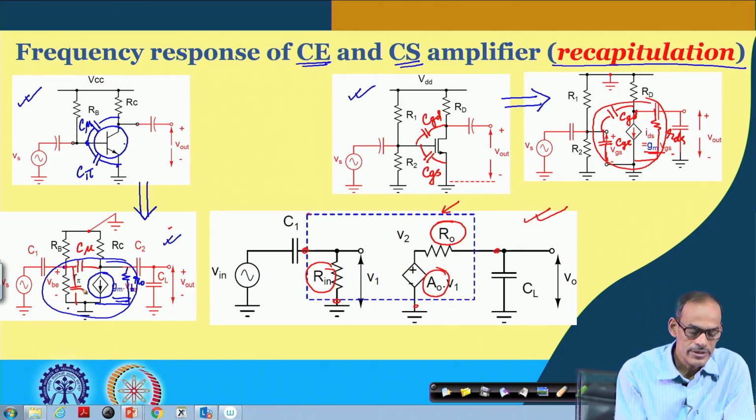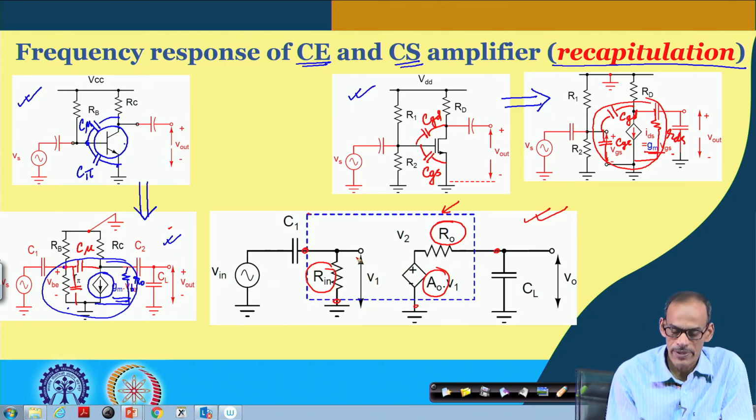Now, if I consider C pi and C mu, from input to output node there will be one capacitance, and from input to ground there will be another capacitance.